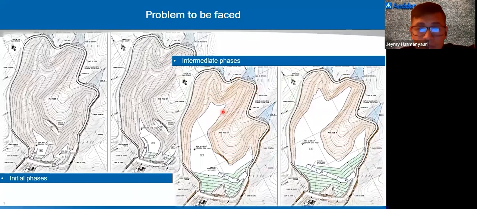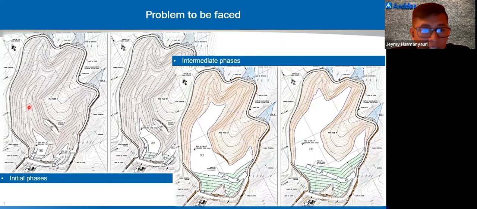But what happened during the initial phase and intermediate phase? You can see the area in the initial and intermediate phases is different from the final phase. There is a big area that wasn't considered in the final design.